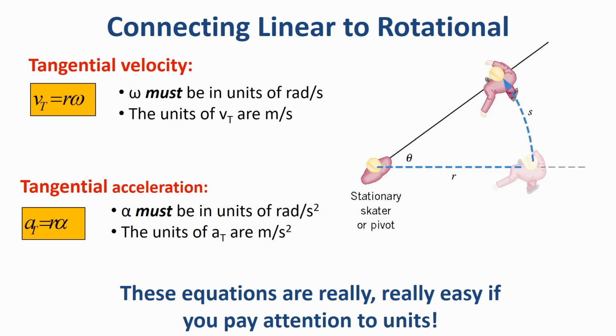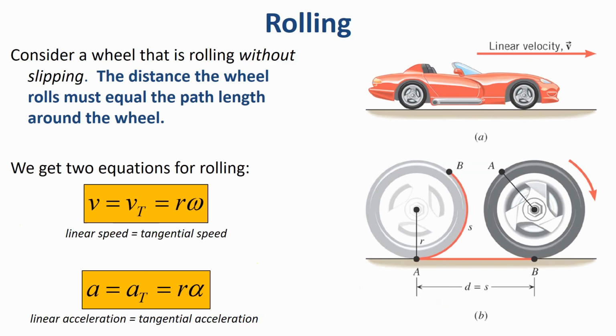Now, one really nice application of these is thinking about rolling. So let's talk about a wheel that's rolling, and we have to say without slipping to be accurate here. The distance the wheel rolls is equal to the path length around the wheel.